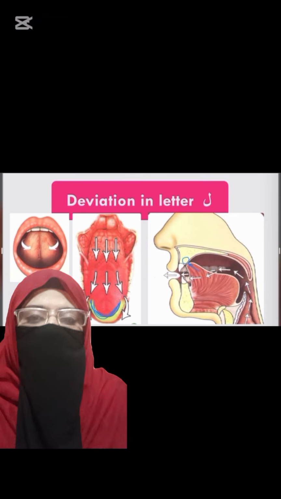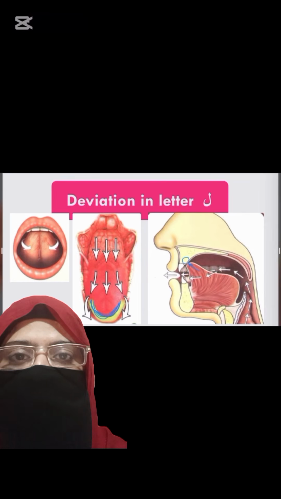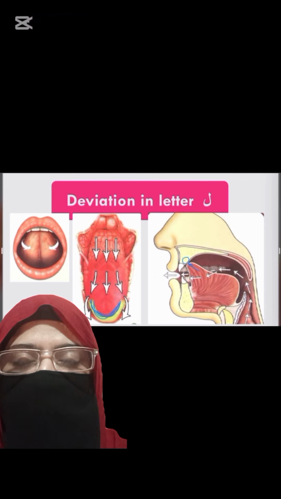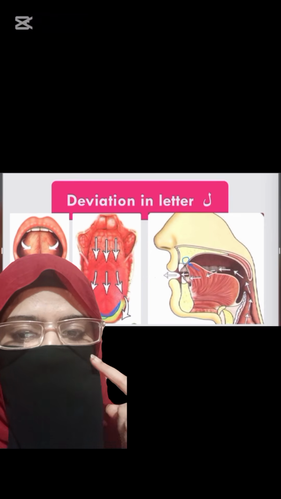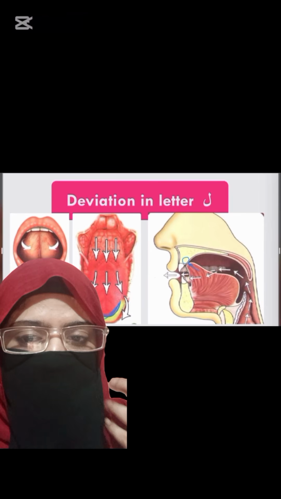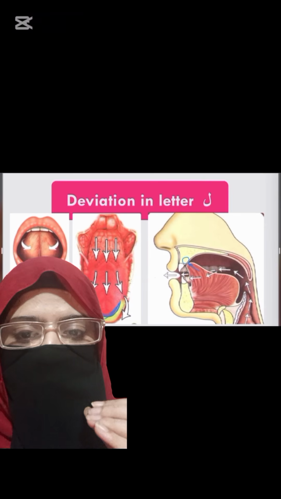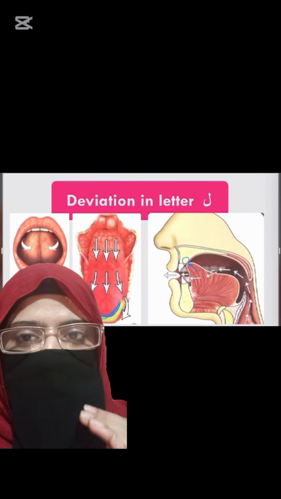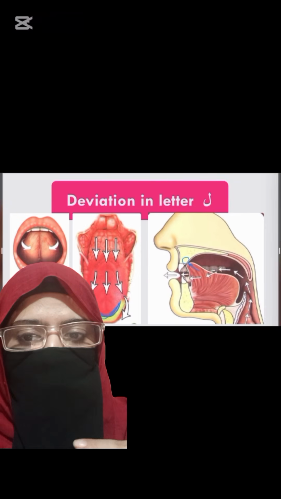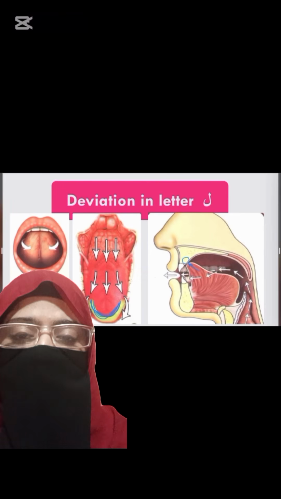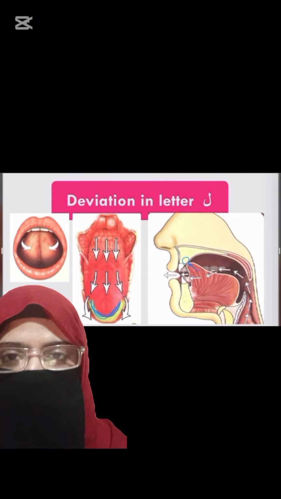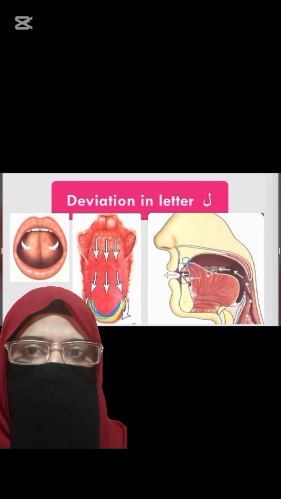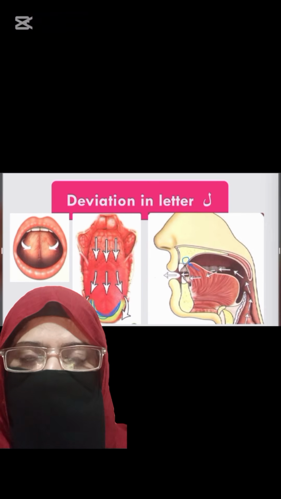The correct production of lam: we have to know that with lam the tongue is elevated toward the roof of the mouth, as when we say la, li, lu. The most important thing is that the tongue must touch the correct area, and the sound should move naturally along the proper pathway.